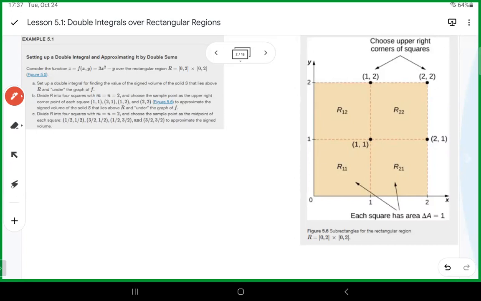So the answer to part A really is just one line, and that would be that the volume is equal to the double integral over the region R of f dA. Okay, I guess technically if you wanted to make it 2 lines, you could. It's the limit as m and n approach infinity.